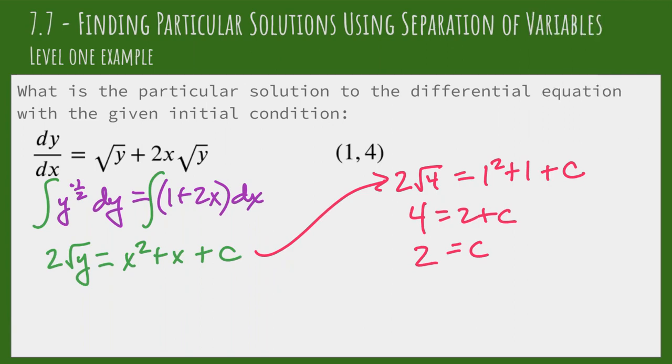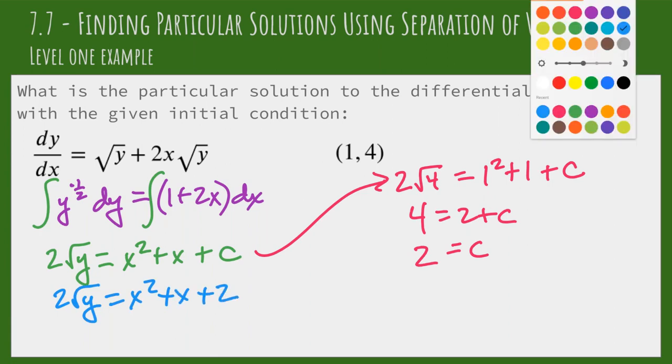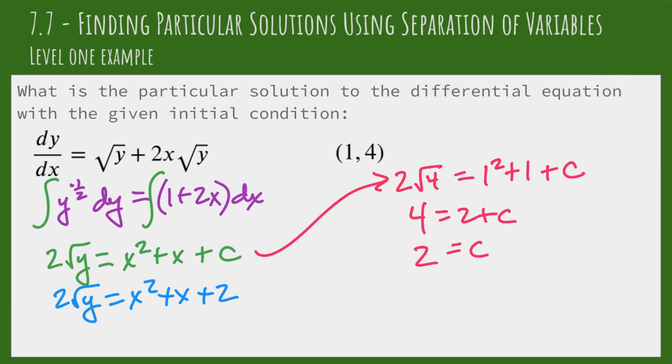So putting that back in, we get 2 square root of y equals x squared plus x plus 2. Divide everything by 2 and square, and we get y equals the quantity x squared over 2 plus x over 2 plus 1, squared.